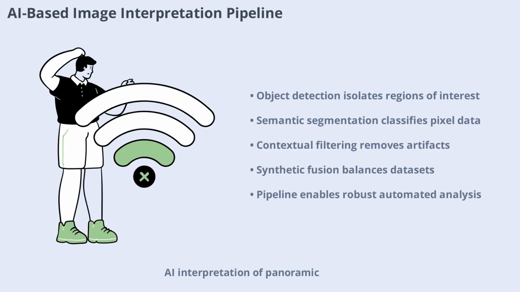AI interpretation of panoramic radiographs involves a multi-tiered pipeline. First, object detection frameworks like YOLOv8 or MaskRCNN identify teeth and jaw regions. Next, semantic segmentation models such as UNet classify pixels into enamel, dentin, bone, or pathology.